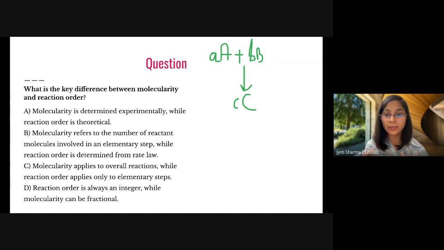And here, the rate is equal to k, then [A], and we have [B], raised to the powers m and n.